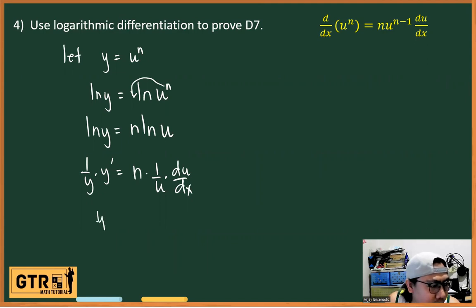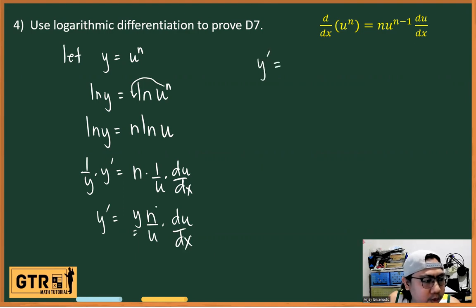So therefore we have y prime is equal to y times, so we have n times 1 over u, n over u times derivative of u with respect to x. So substitute the value of y.